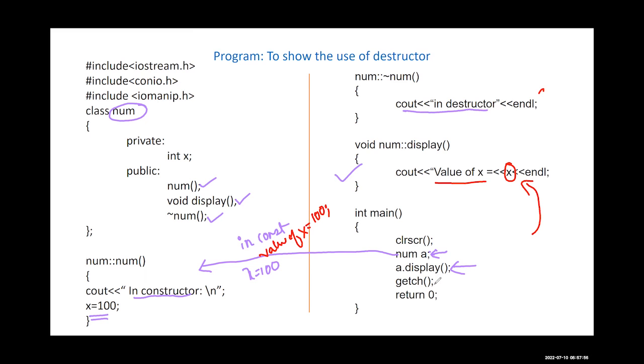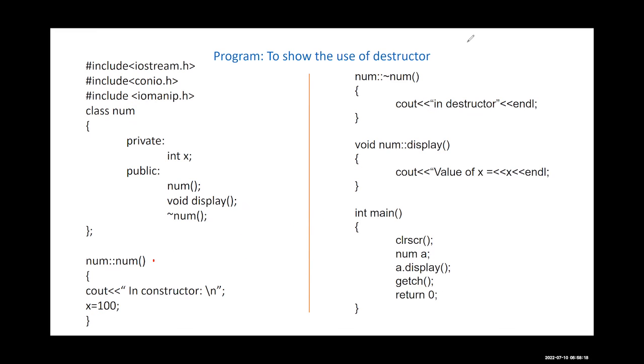Next I have getch and return 0. As soon as this ends, I need not even call the destructor. Automatically the destructor is invoked and it will destroy the value of x. Though I have not mentioned the destructor, see how the output is going to come. I have not called the destructor, but my output comes like this.